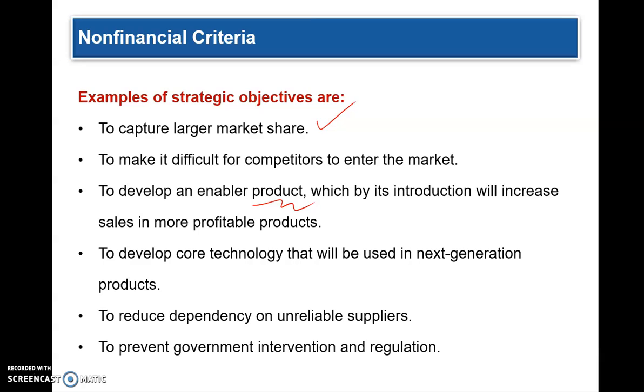And also, the strategic objectives could lead to a core technology that can be used in future projects as well. The strategic objectives can also be to reduce dependability on unreliable suppliers and to prevent government intervention and regulation as well. So these are some of the strategic objectives the companies might take.